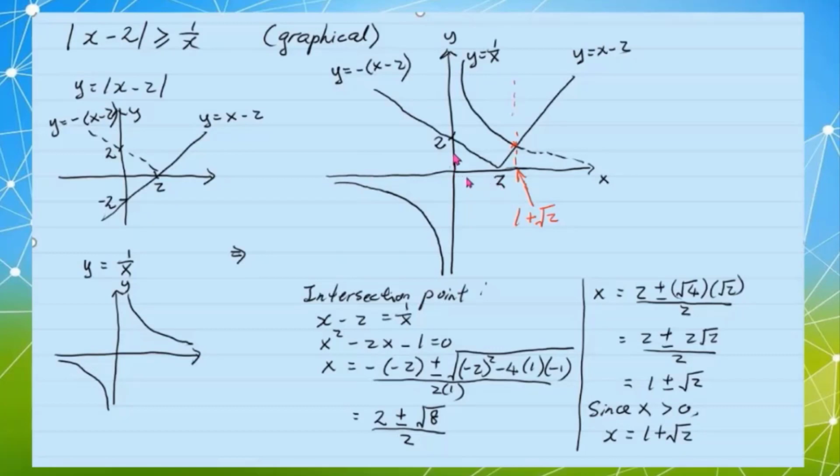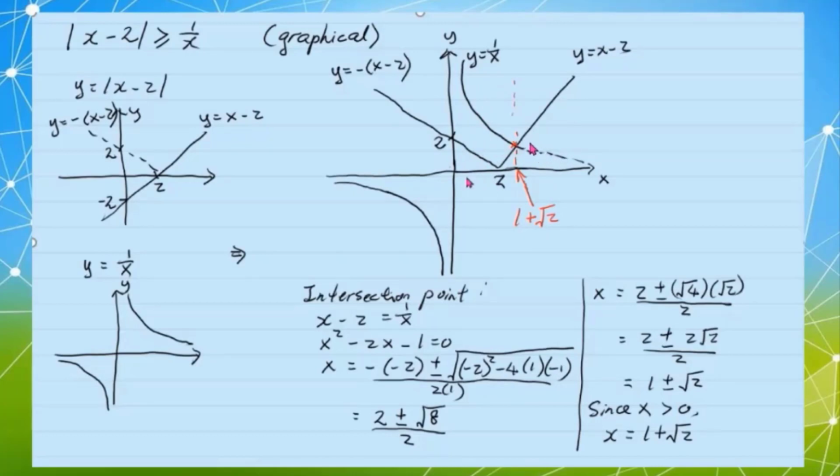Now from x greater than 0 up to 1 plus square root of 2, in this region, we found that 1 over x is above the modulus. Means in this region, 1 over x is greater than modulus x minus 2. So this is not the region that we want.